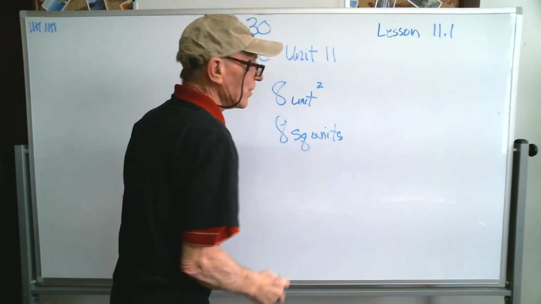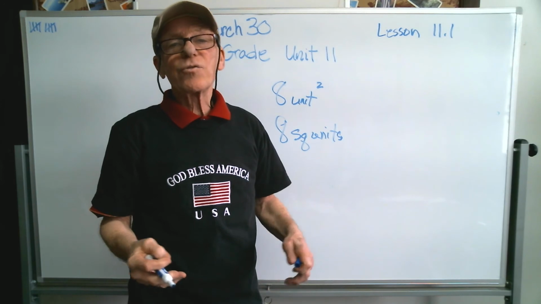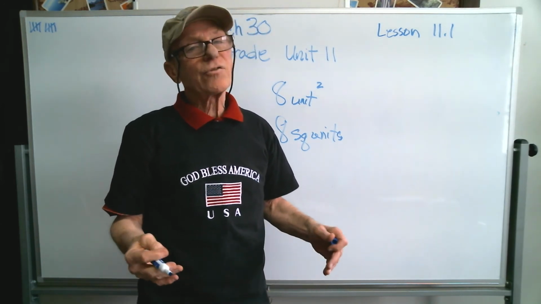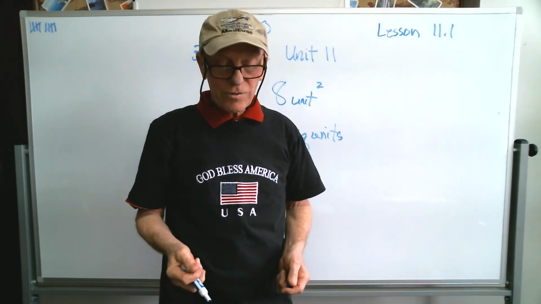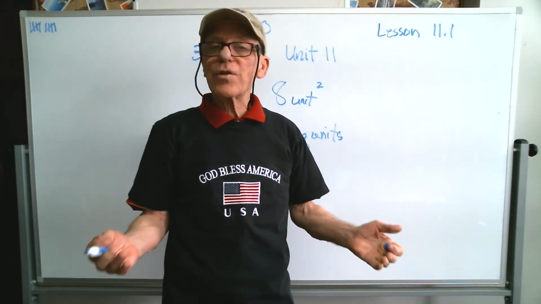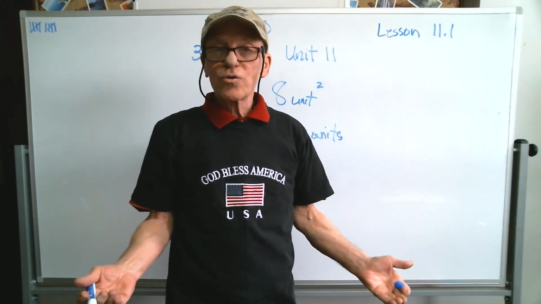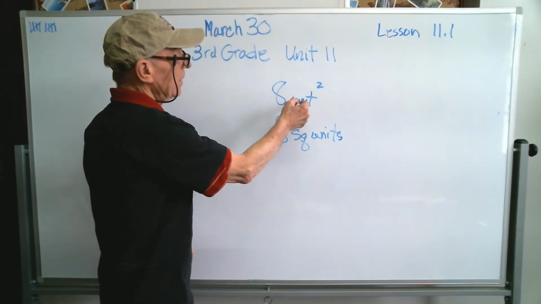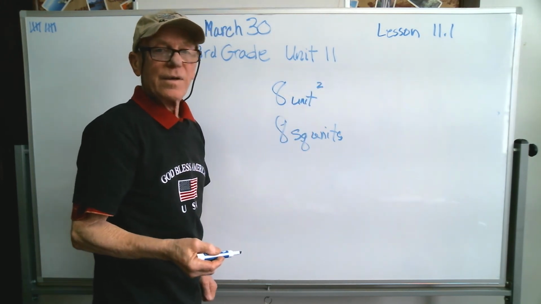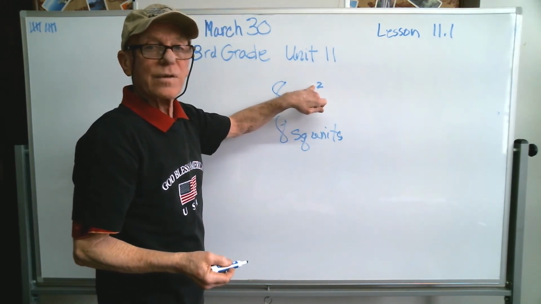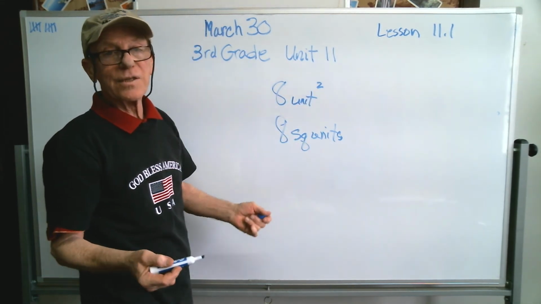And I keep saying units because I haven't defined what that unit is. If it's inches, then it would be 8 square inches. If it was centimeters, it'd be 8 square centimeters. If it was miles, it would be 8 square miles. So a unit square is whatever the unit of measurement is, and that's defined in the problem, squared. And you can either write it inches with the 2, indicating that it's squared, or you can write it as square inches.